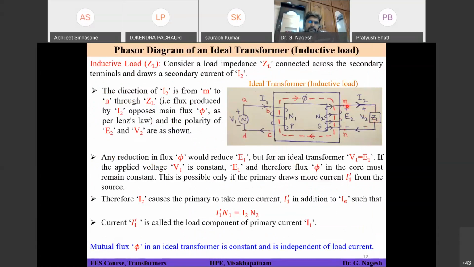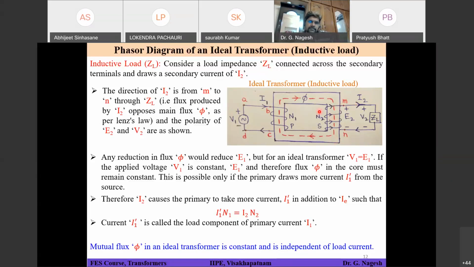After this, the winding will have some amount of resistance, so that resistance will be taken into consideration, and the leakage flux which is happening in the winding is also creating some amount of drop. x2 is a fictitious quantity. We have already seen x2 is called a fictitious quantity. It is not a physical parameter.